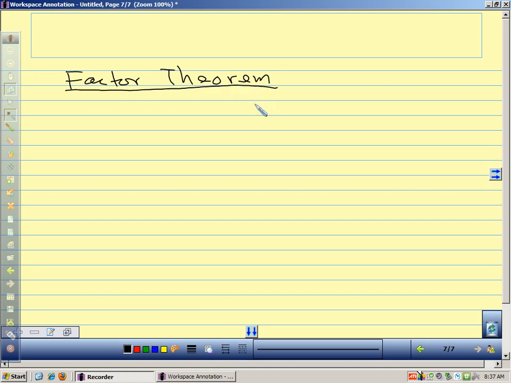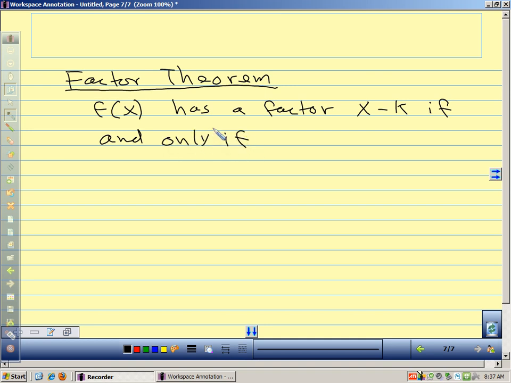The factor theorem tells us that f of x has a factor x minus k if and only if f of k equals 0.